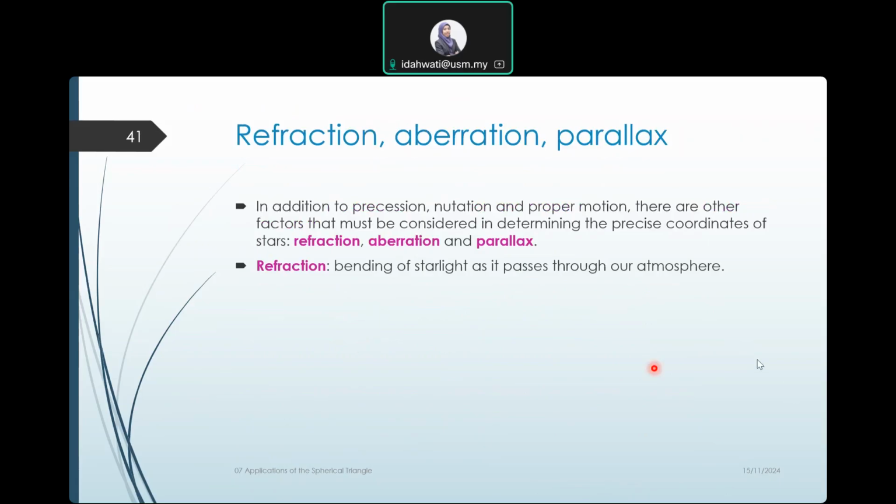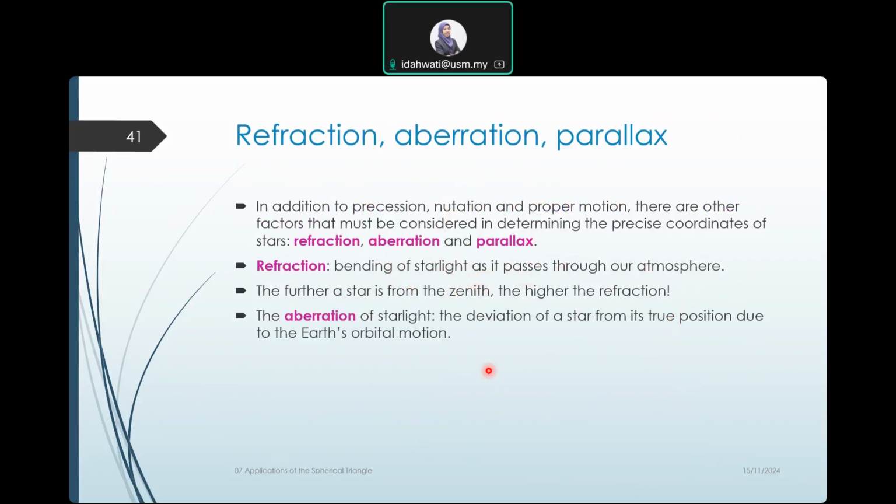Now we reach the last part of this chapter: refraction, aberration, and parallax. So what is refraction? I believe you have heard about refraction before. It is the bending of starlight as it passes through our atmosphere. And the further a star is from the zenith, the higher the refraction.